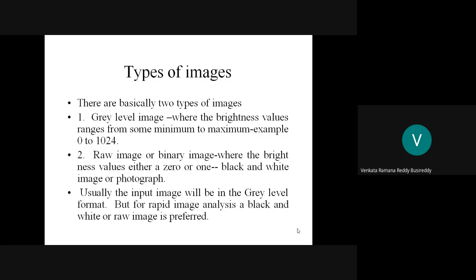So at this point of time, most people still depend on black and white image processing only. That means whatever gray level image or color image we have, we need to convert into a binary image consisting of absolute black and absolute white.